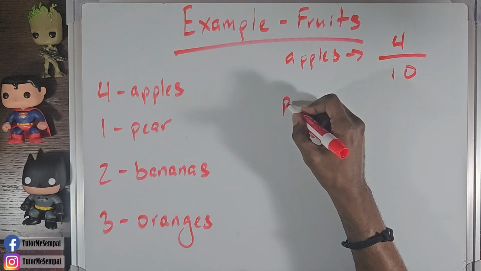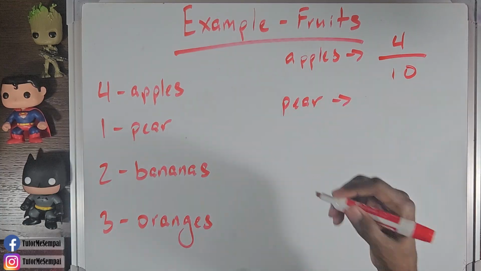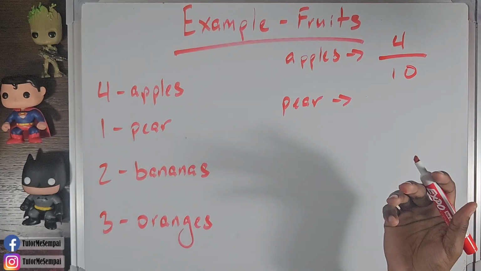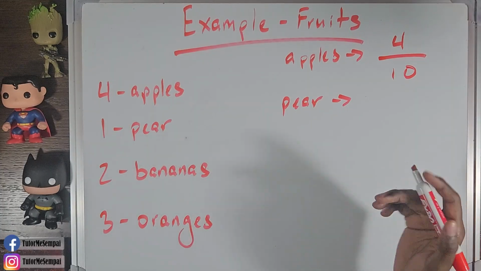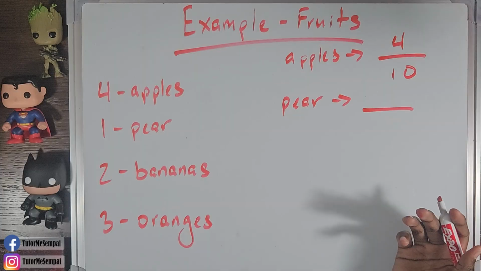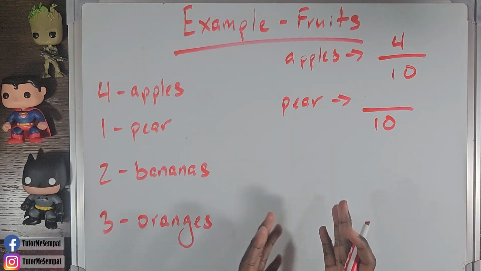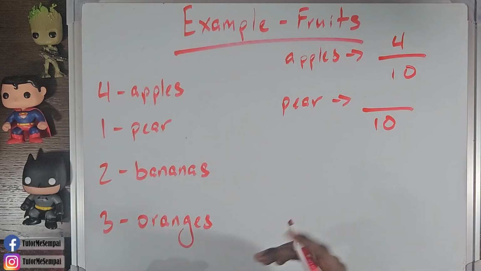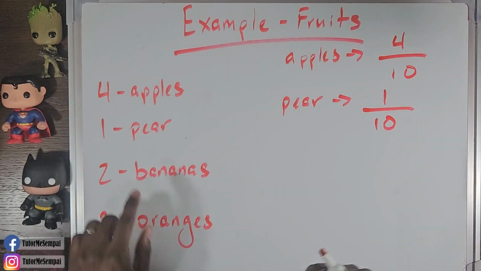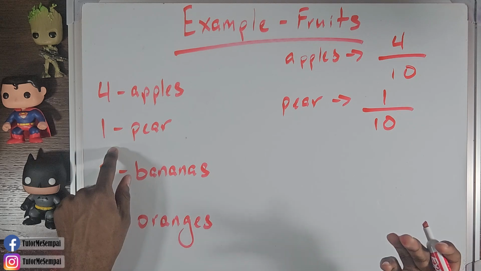If we want to figure out or focus on pears, what is our fraction going to be for pears? You have your bar. Your bottom or denominator stays the same. We're not taking any of these fruits out. And we only have 1 pear.